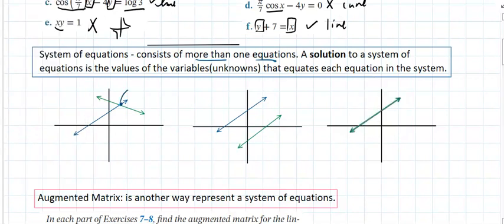I could get one solution. We call the system consistent. I could have no solution. We call the system inconsistent.